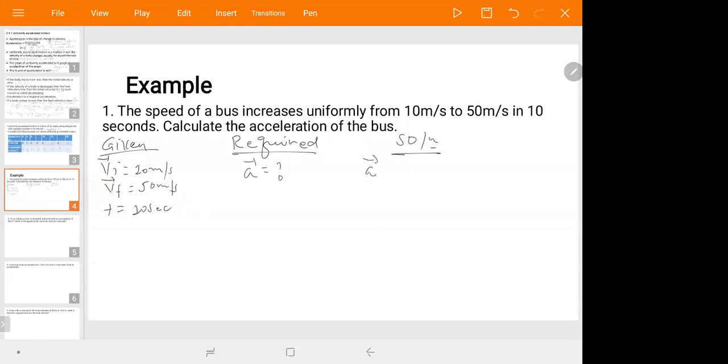Let us see the solution. Acceleration is equal to change in velocity over time taken. What is change in velocity?